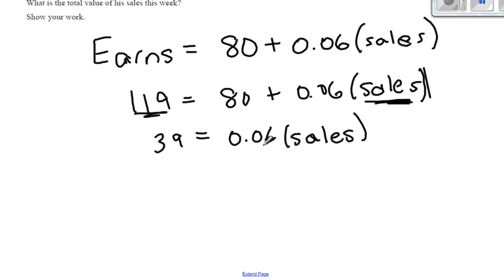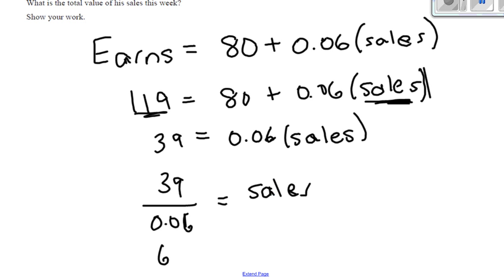So 6% of something is $39. To figure out what that is, this is when you do division. So 6% of something gave him 39 bucks. So in your calculator, do division. 39 divided by 0.06. So $650 must be the sales.